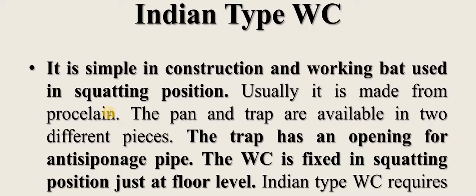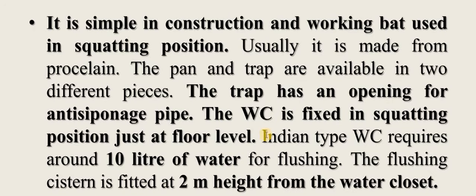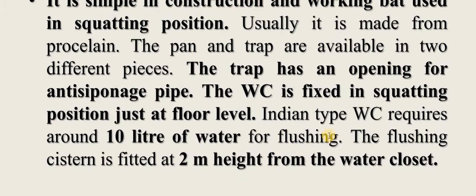Usually it is made of porcelain, and the pan and trap are available as two different pieces. The trap has an opening for an anti-siphonage pipe, and the WC is fixed in squatting position just at floor level. The Indian type WC requires around 10 liters of water for flushing. The flushing system is fitted at 2 meters height from the water closet.